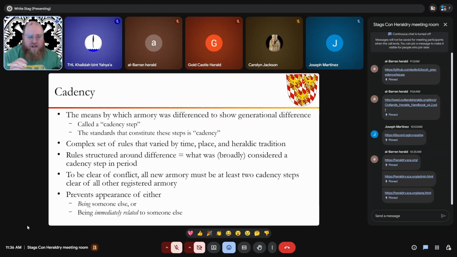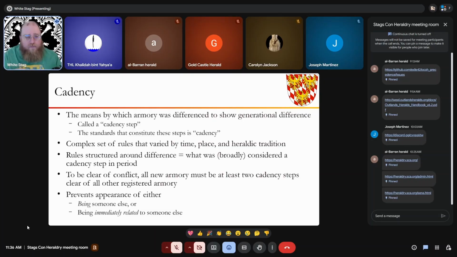So I couldn't take, for example, Duke Mortigan's or Earl Mortigan's arms and change the color of his cross to black. That was a cadency step. A single change of tincture was considered a cadency step.